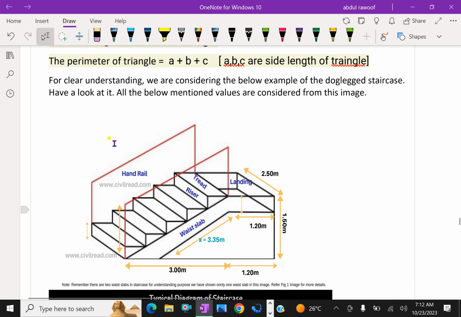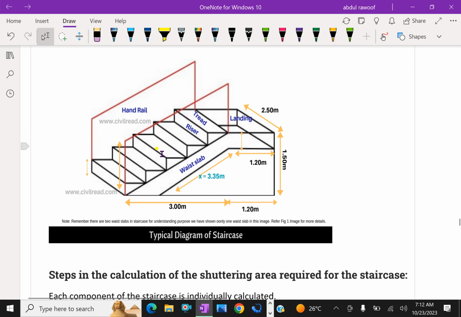Now, to understand, we are considering the below example of the dog-legged staircase. Have a look at here. This is a 3-dimensional figure for some steps given. The steps are laid on raised slab and landing, and further it goes up in other directions.